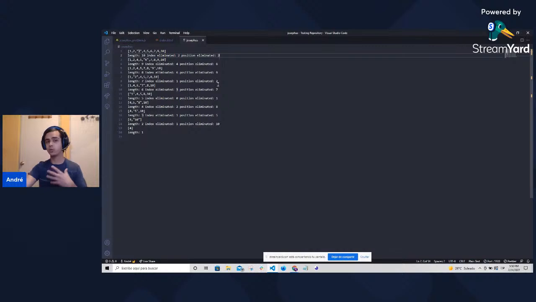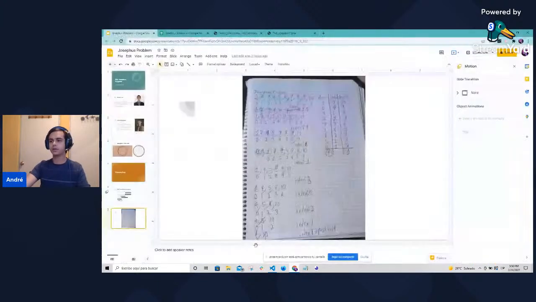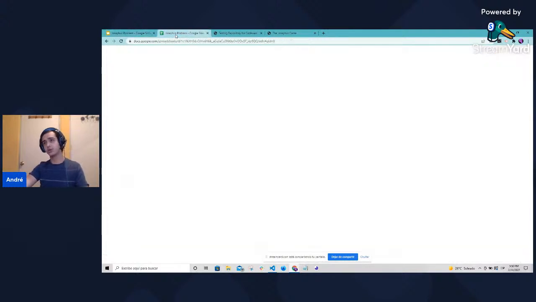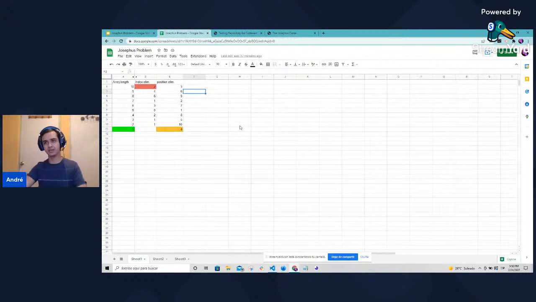Now, what I like to do here, now that I have all the indexes that are going to be eliminated, is I try to look for a pattern between the numbers. And a good way to find it is to draw a table. In this case, I have my table here, but so you can read it, I have it also in Excel.